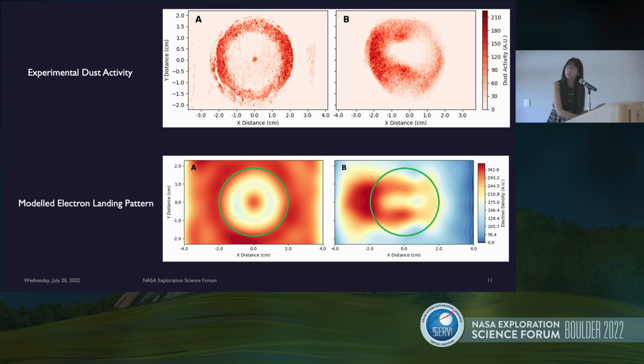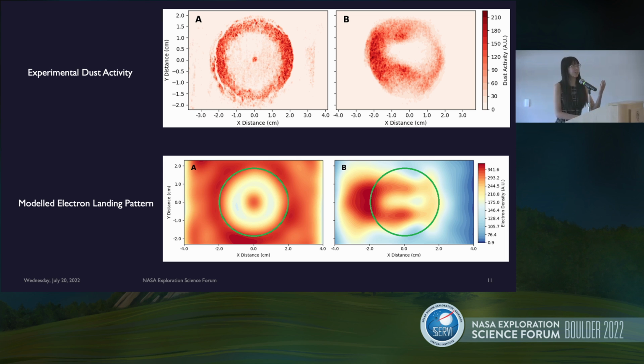to show you the results. Here on the top is the same diagram that I showed you earlier, the experimental dust lofting regions. And on the bottom is where our simulations show electrons are landing within the system. It's obvious that there's a strong similarity between the two.